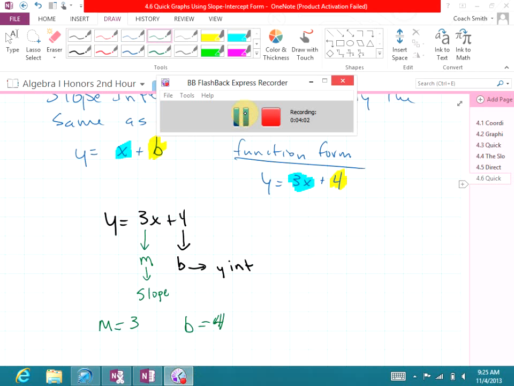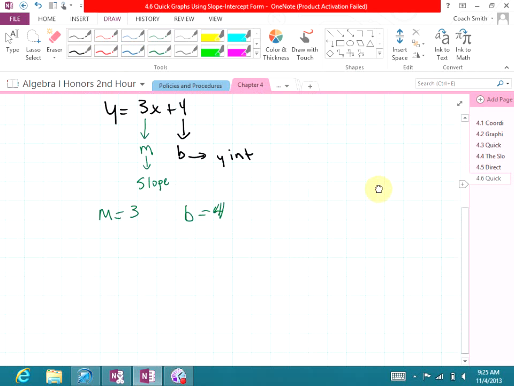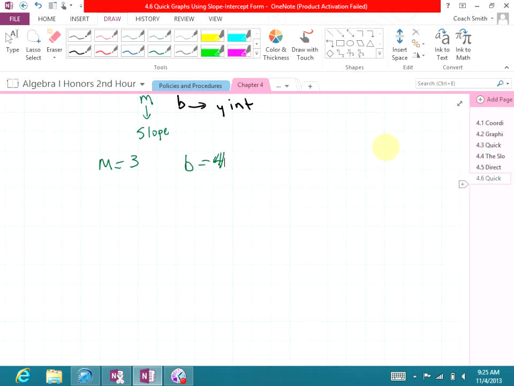All right. Now, here's how we're going to graph this. We're going to take that information and we're going to build us a graph. We draw a graph.